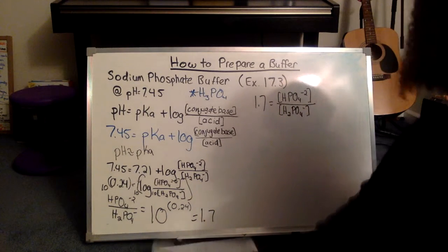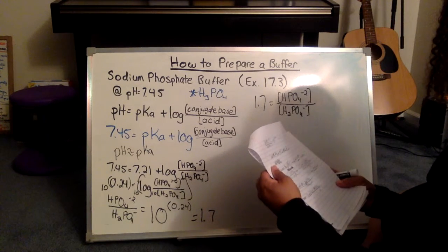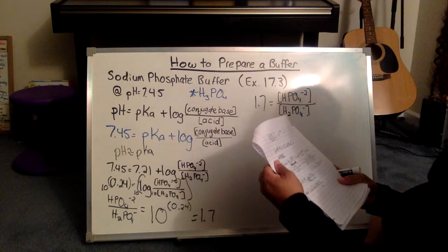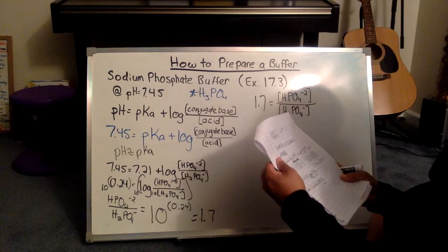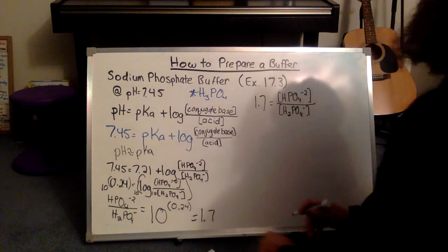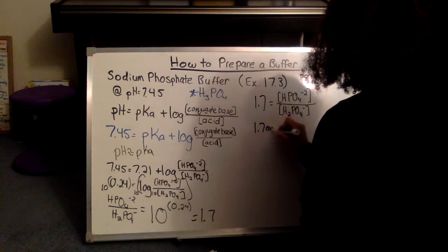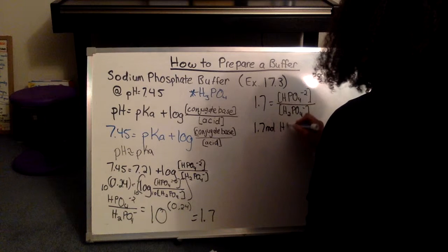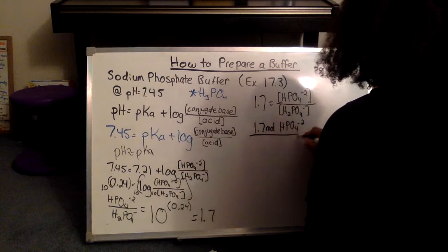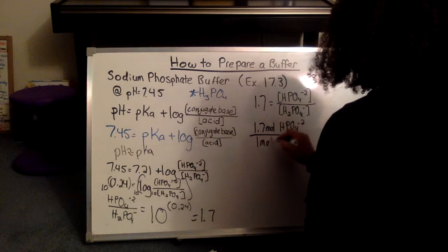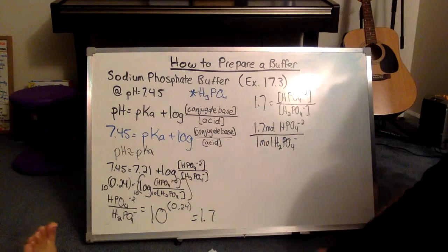So that means we have to have 1.7 moles of HPO4 minus 2 to a ratio of 1 mole of H2PO4 minus.